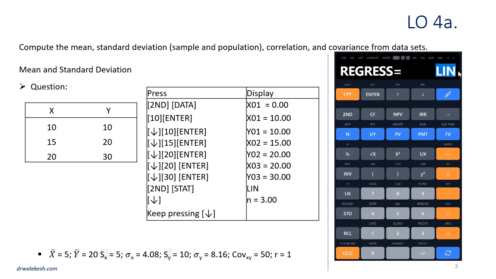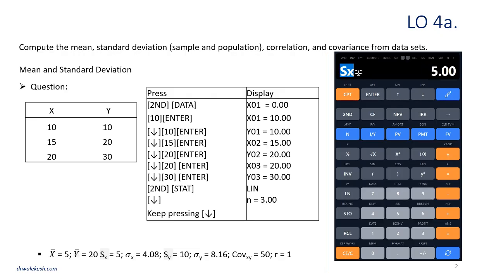On the exam day, if you have LIN on the face of your financial calculator, then you are good to go. You do not have to press second function set repeatedly. So the next step is to press arrow down. So we have our n, which is equal to 3, the mean of x. I have it here.